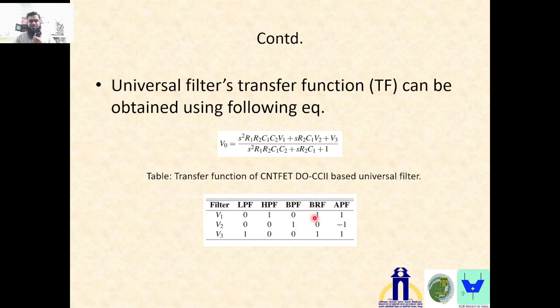Similarly, band reject filter, in which I will put V2 as 0 and the other ports as plus 1 volt. Similarly, all pass filter, in which we have to put V2 at 180-degree phase shift of the voltage.